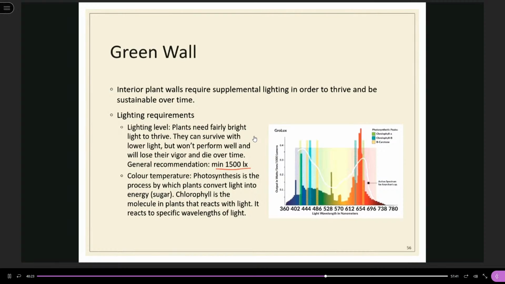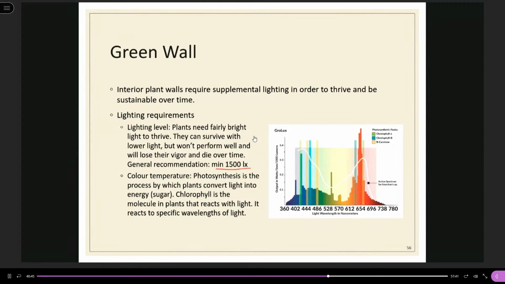If you remember, for an office or a classroom, the recommended lighting level for electrical lighting is 500 lux. So 1,500 is 3 times the lighting level recommended for an office. So you need to provide extra lighting to light up the green walls.